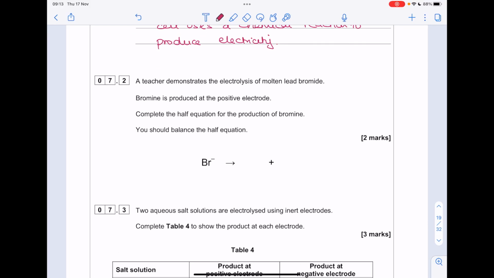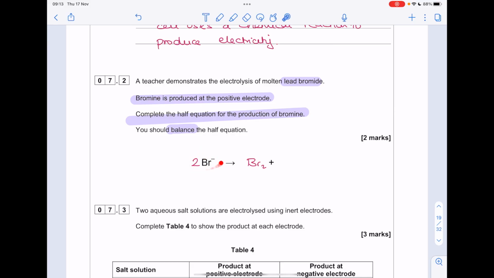A teacher demonstrates the electrolysis of molten lead bromide. Bromine is produced at the positive electrode. Complete the half equation for the production of bromine, balance. Okay, so bromine, remember, is a diatomic molecule, which means it exists as Br2. Let's get that balanced by adding a 2 there.